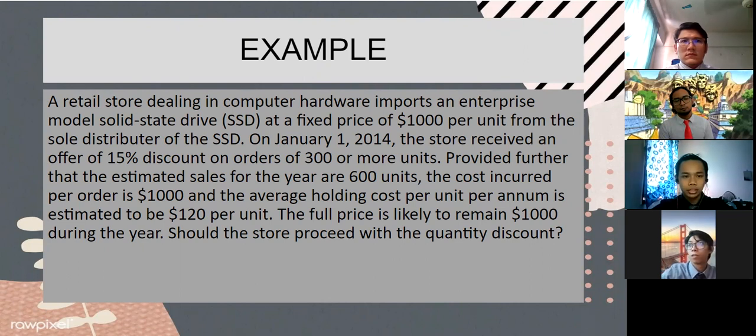Provided further that the estimated sales for the year are 600 units, the cost incurred per order is $1,000, and the average holding cost per unit per annum is estimated to be $120 per unit. The full price is likely to remain $1,000 during the year, should the store proceed with the quantity discount.